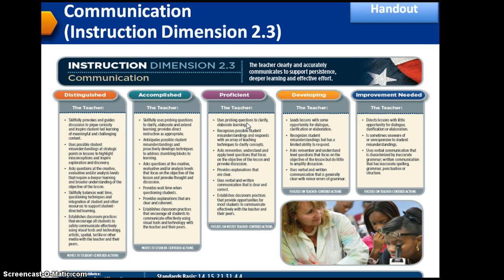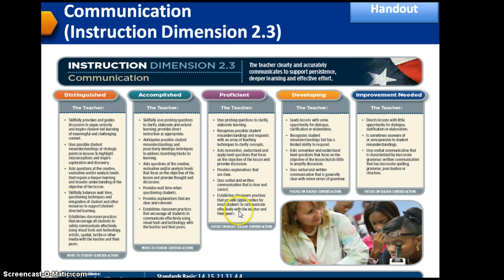For example, in communication, a proficient teacher uses probing questions to clarify and elaborate learning. They recognize possible student misunderstandings and respond with an array of teaching techniques. They ask remember, understand, and apply level questions. They provide explanations that are clear. They use verbal and written communication that is clear and correct, and they establish classroom practices that provide opportunities for most students to communicate effectively with the teacher.